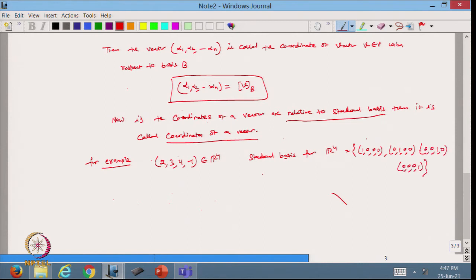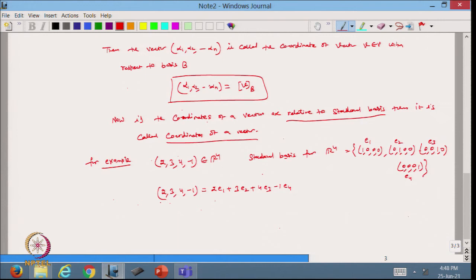So, these are called the standard basis, and we represent them by E1, E2, E3 and E4. Now, from here I can write that 2, 3, 4, minus 1 can be written directly as 2 E1 plus 3 E2 plus 4 E3 minus 1 E4.